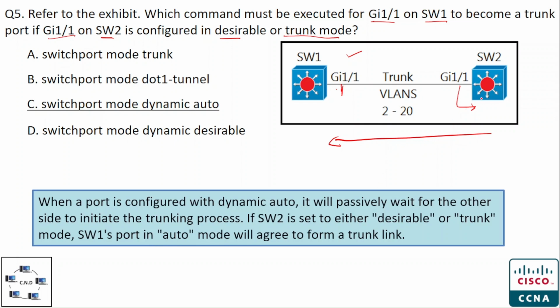So since we know that the port on switch 2 is already configured in desirable or trunk mode, this port will initiate the process, and the port on switch 1 is in dynamic auto mode, it will accept the process, and thus this port will become trunk.